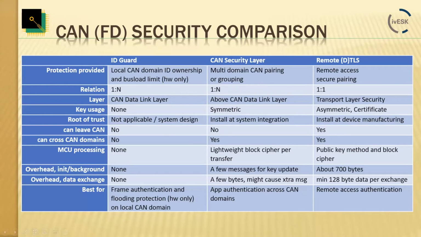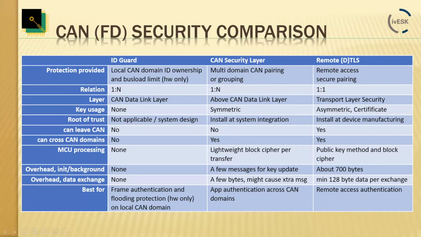When it comes to leaving the CAN network, then only the DTLS messages can. All the others, well, theoretically, you could put them out with ID guarding, not with CAN security layer. Of course, they could be forwarded elsewhere, but typically it would not make sense. So I will keep it at a no.